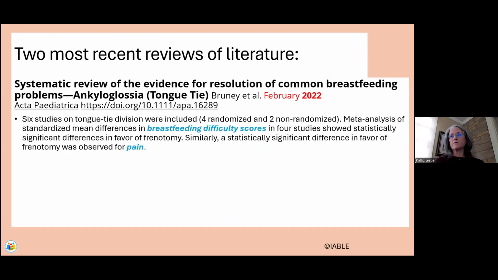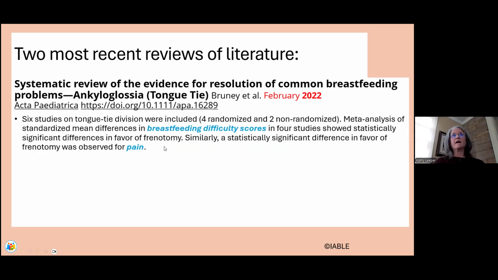What about literature reviews? What studies have we had about the usefulness of clipping the tongue ties, and what have they found? One of the two most recent ones from February of 2022 looked at 6 trials that they felt were rigorous enough to include. 4 were randomized as to who got the clipping and who didn't. 2 were not.